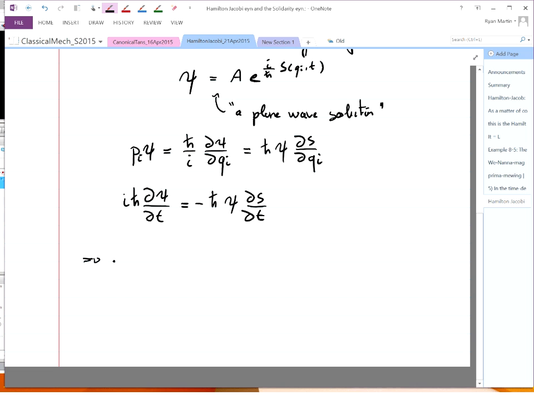So now I put this into the Schrödinger, the time-dependent Schrödinger equation. I'm going to write my Hamiltonian. It's H of q_i, and the p_i part is h bar psi times ∂S/∂q_i. So I'm going to put the ∂S/∂q_i in here, and the h bar psi I'm going to keep outside.